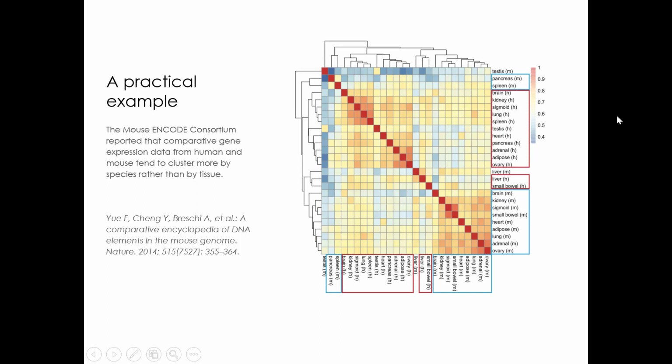And they came to the conclusion that it's the opposite, that all the tissues in the same species cluster together more closely than across species. So the mouse lung, liver, brain clustered to each other more closely than to the analogous tissues in human.